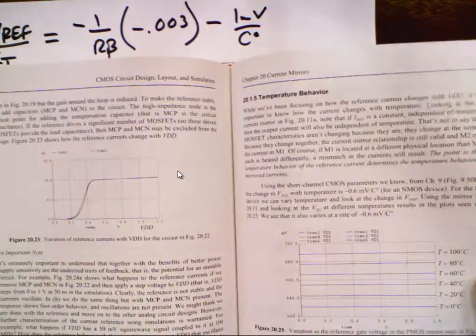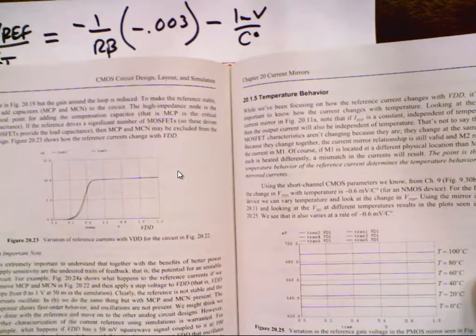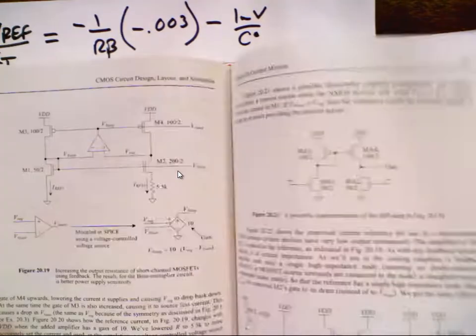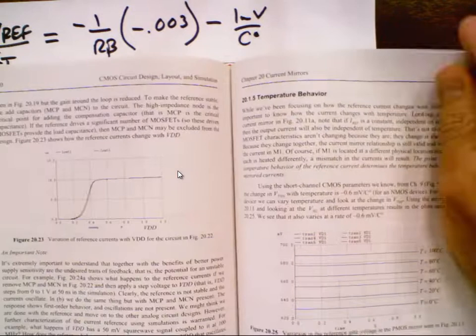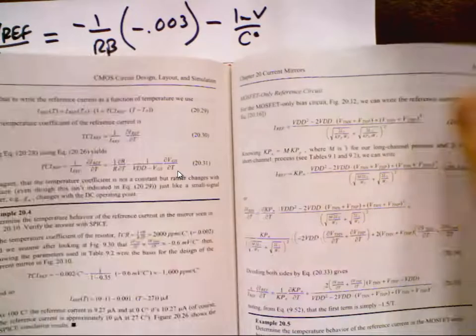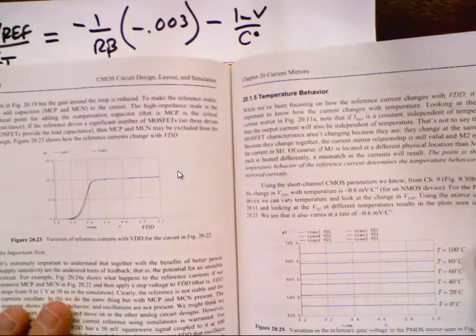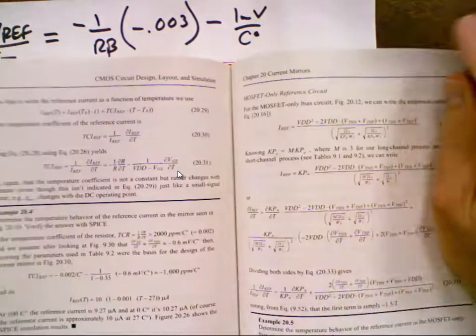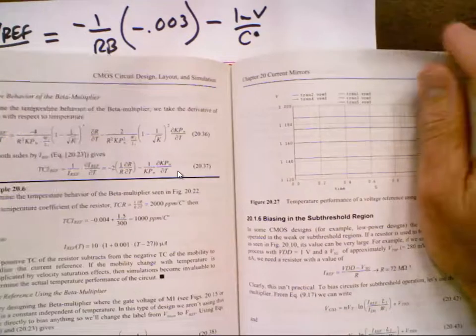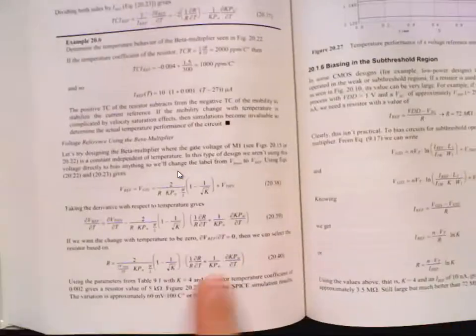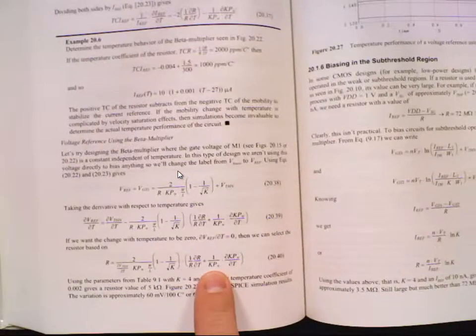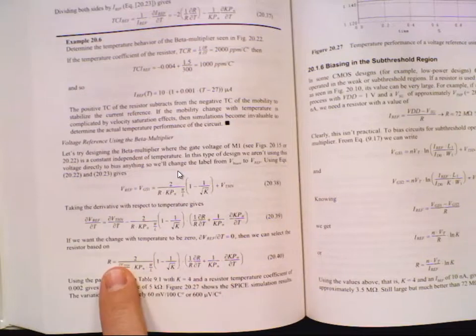Where's the beta multiplier? Temperature behavior. There we go. Okay, isn't that what we just derived? Oh wait, that's for 0 TempCo.